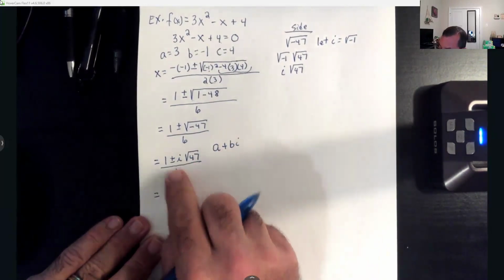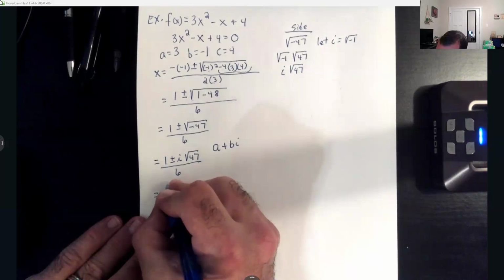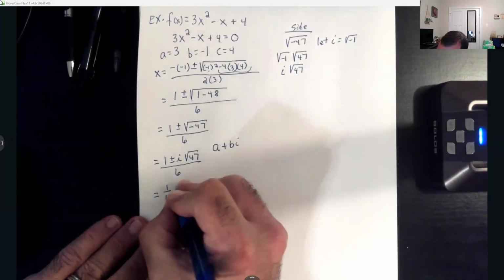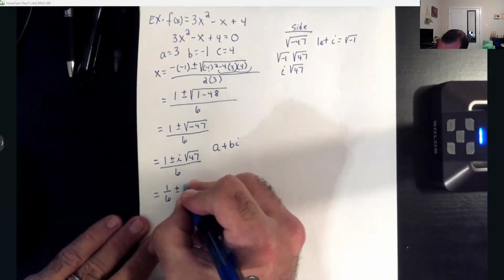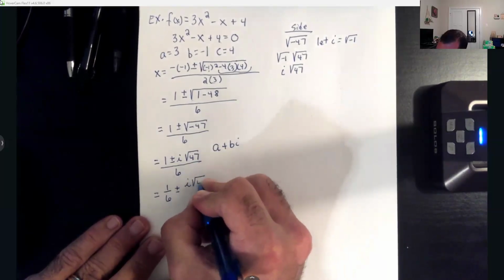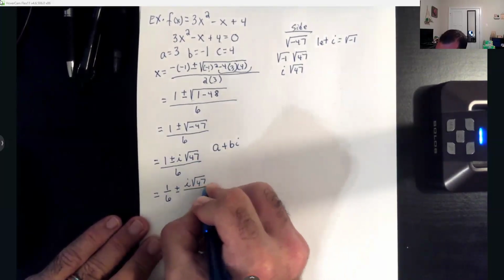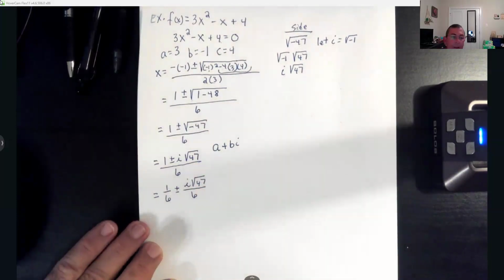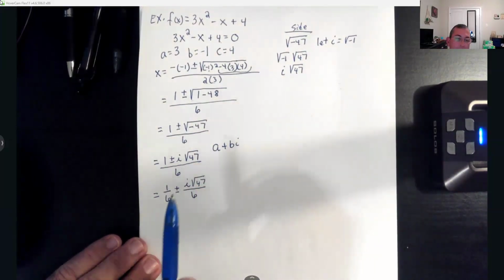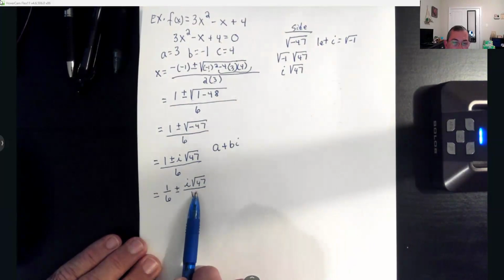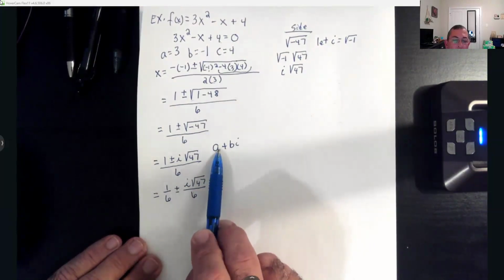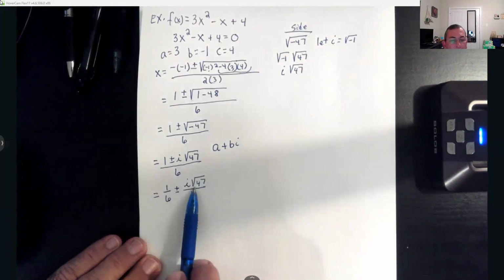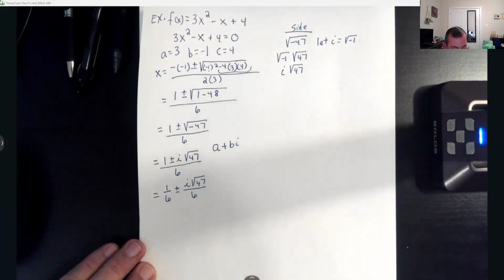Well, if we split this apart, we get 1 over 6 plus or minus I square root of 47 over 6. So in MATLAB, you gotta punch it in this form right here. That looks like the real number and then the imaginary number, okay?